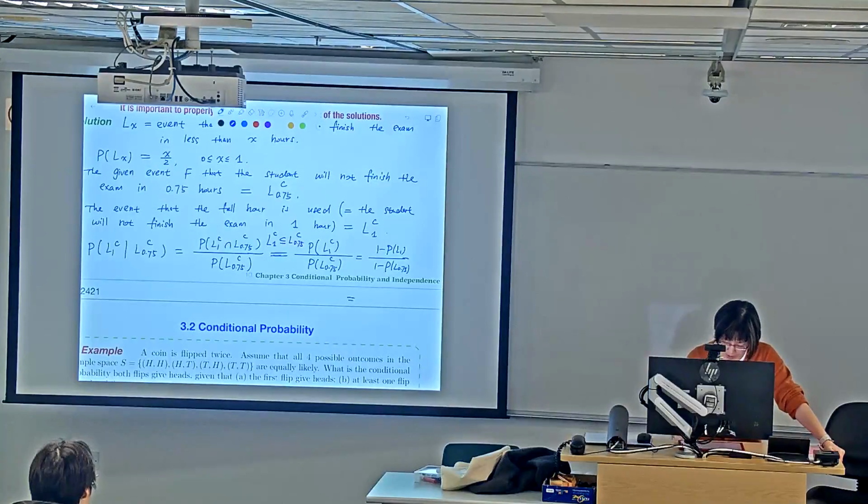And P(L_x) is half to the power x. So plugging in the information given, this is 1 minus half over 1 minus 0.75 half. And simplified, we get 0.8.